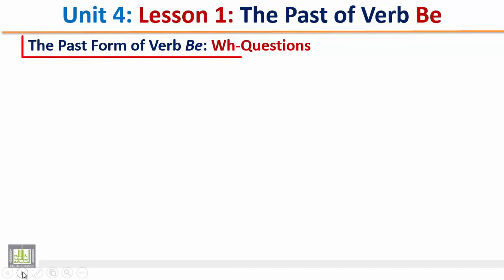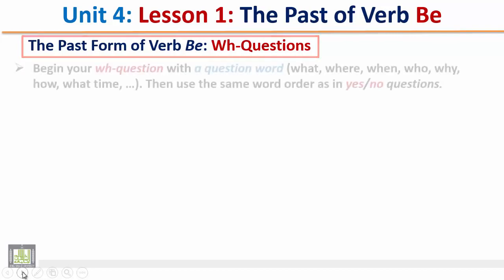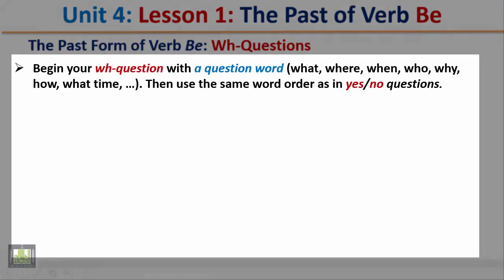The past form of verb be, WH questions. Begin your WH question with a question word like what, where, when, who, why, how, what time, etc. Then use the same word order as in yes-no questions. Remember that in yes-no questions, we start with the verb plus the subject.